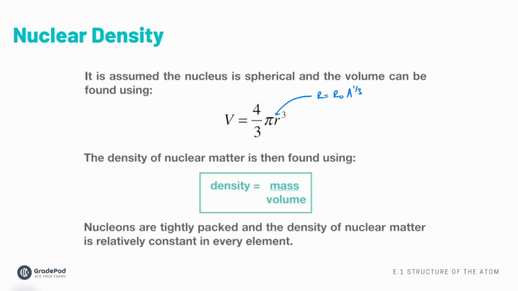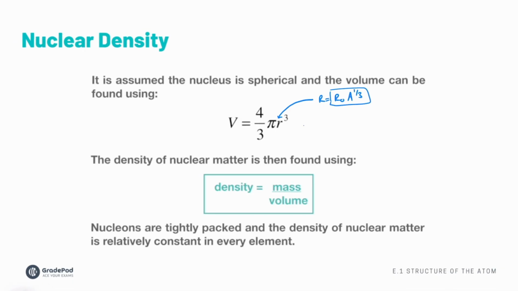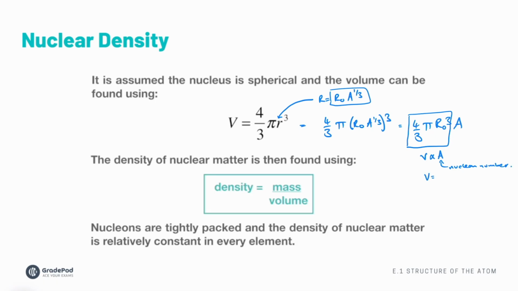So if we put that into here, we get volume equals 4/3 π (r₀A^(1/3))³, which gives us 4/3 π r₀³ A. Because this is all a constant, that tells us that volume is proportional to A, which is the nucleon number. Fine. That means that V is equal to K₁A, and K₁ is just a constant.